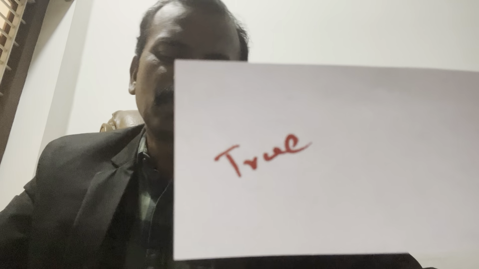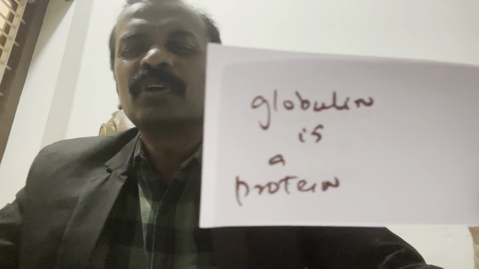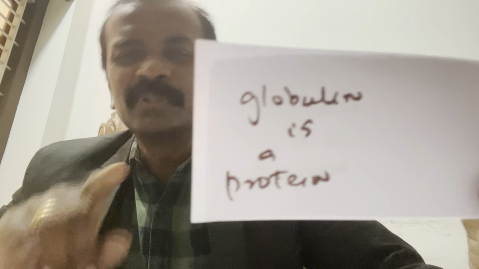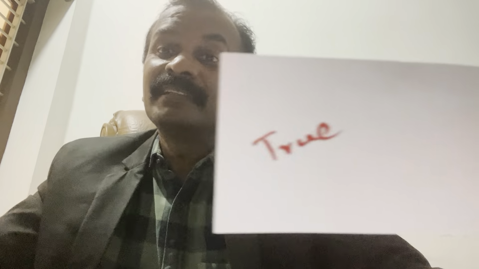Yes, fibrinogen is a protein. See, this is how you should prepare NEET. So you know thoroughly. Fibrinogen is a protein. You know globulin is a protein. Now you know albumin is also a protein. If you know these 3 points, you can answer some toughest MCQ somewhere.